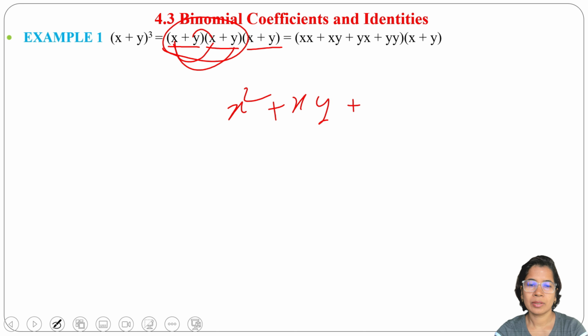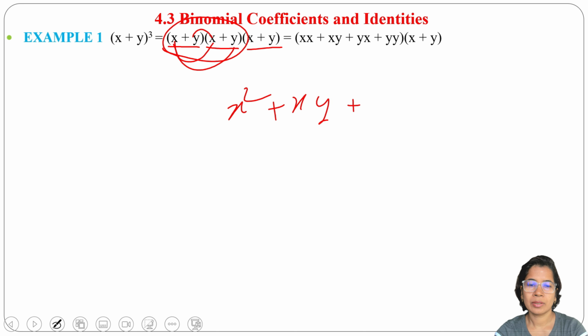So we got x power 4 plus 4 x cube y plus 6 x square y square plus 4 x y cube plus y power 4. So this is the formula for (x plus y) power 4.